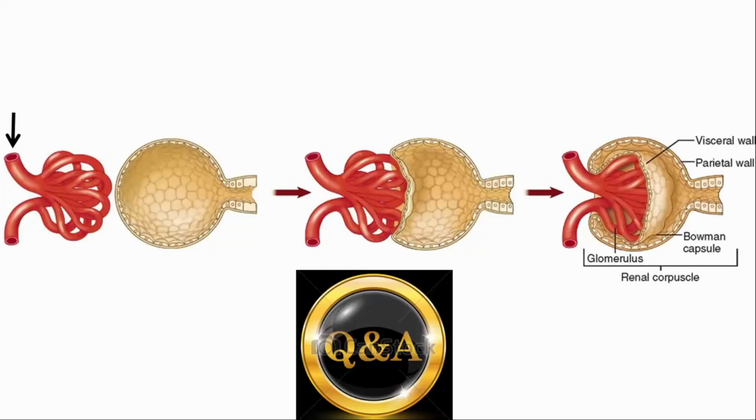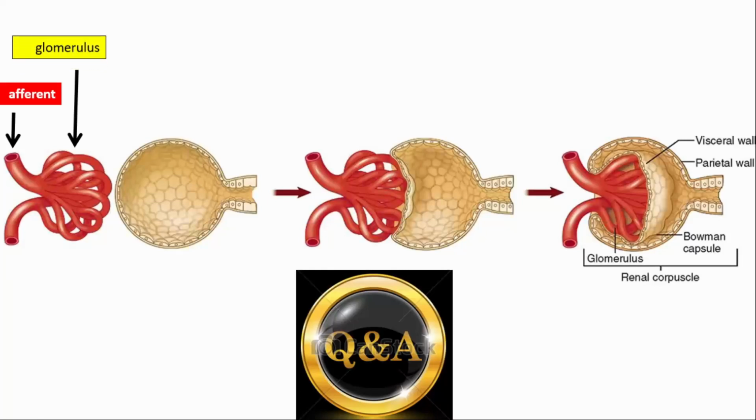This is called the afferent arteriole, starting with an A. And what is this arteriole going to do? It is going to branch into capillaries. What type of capillaries? Arterial capillaries.